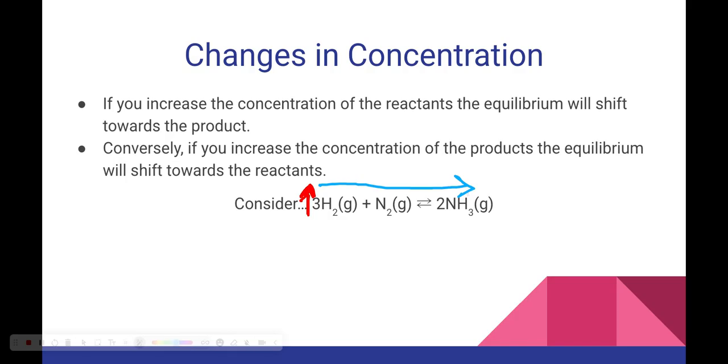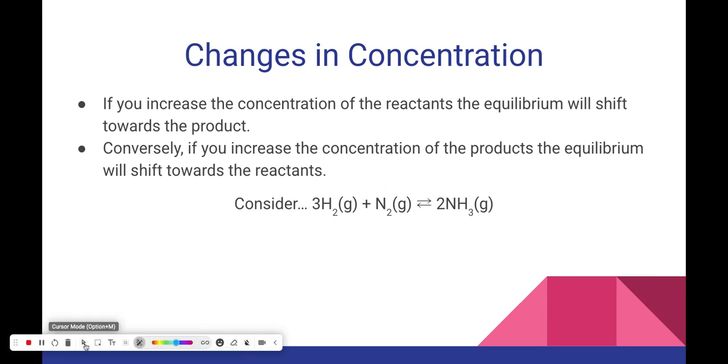Now, the opposite is true. If I were to increase the concentration of NH3, then the reaction would shift back towards the reactants. So again, whatever you do, according to Le Chatelier, the equilibrium does the opposite. That's going to be the running theme of today's notes, okay?